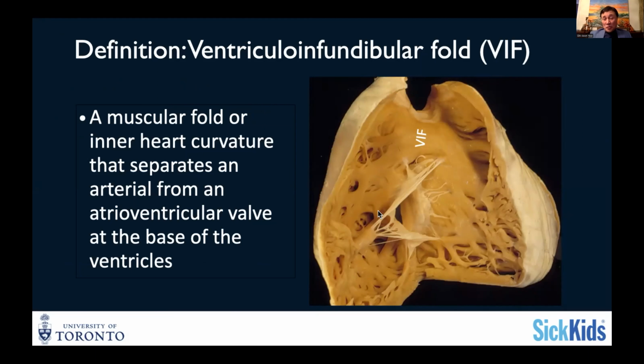So here is the arterial valve, here is the AV valve. Between them, you have the inner curvature of muscle here. That is the ventricular infundibular fold.